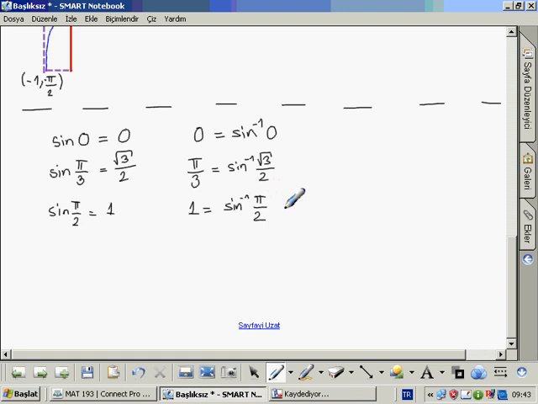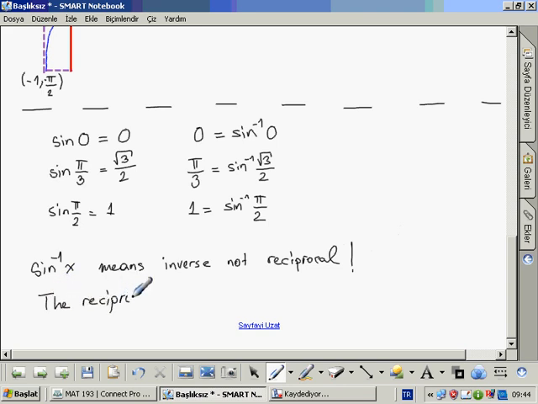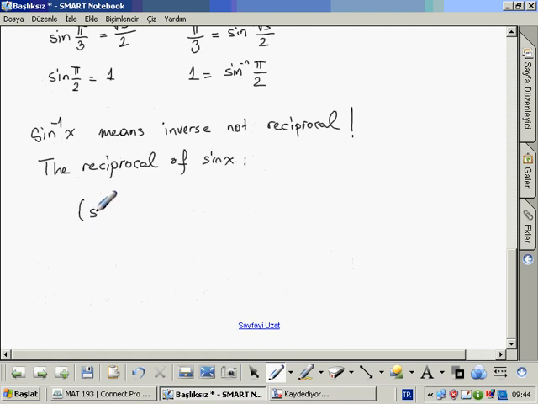And inverse sine x means inverse, not reciprocal. That's important. Let me write the reciprocal of sine x. That's different from this one: this is the inverse and that's the reciprocal.